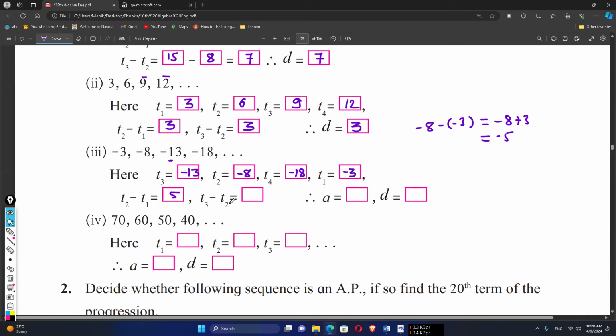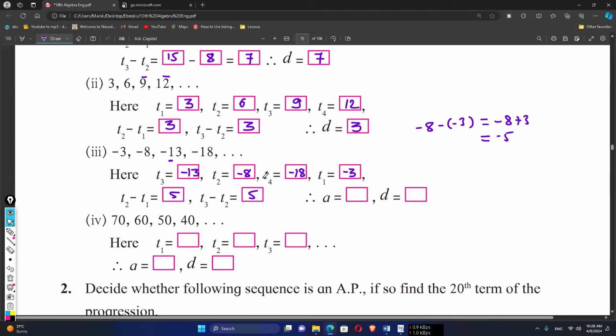Then t3 minus t2. Since it is an arithmetic progression, the common difference d is constant. Therefore, t3 minus t2, which is again the formula for the common difference d, and which is the same in the entire arithmetic progression, equals -5.